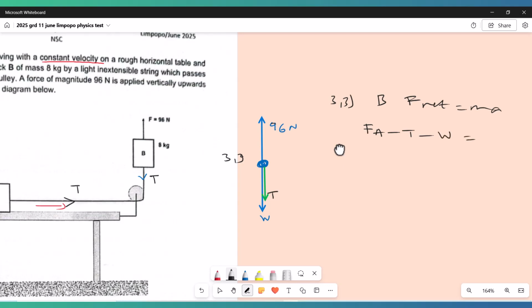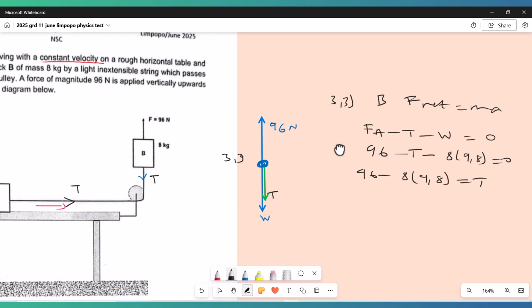But because of the constant velocity, it's going to be equal to 0. So I'm going to say 96, looking for this tension. What about the weight? It's going to be 8 times 9.8, equals 0. So I'm going to say 96 minus 8 times 9.8 to get my tension.